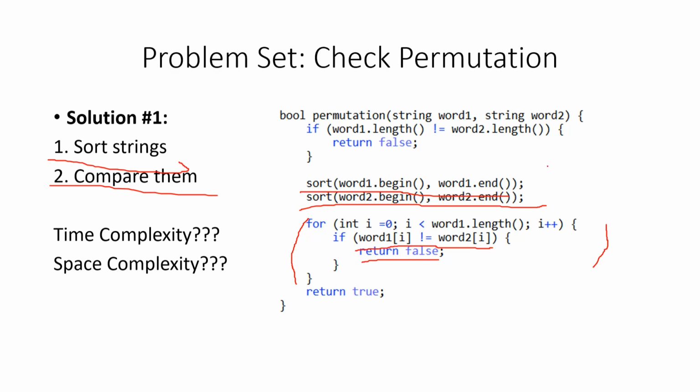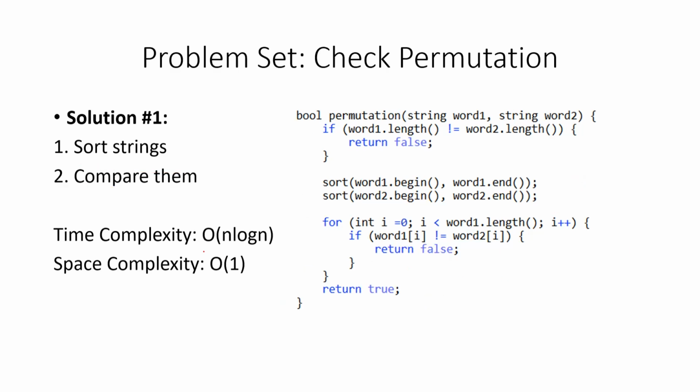The first part is sorting, and the second part is comparing these elements. Sorting takes again n log n, and comparing takes linear time. And for space complexity, because we don't use any additional data structure or any additional variables, it takes constant space.